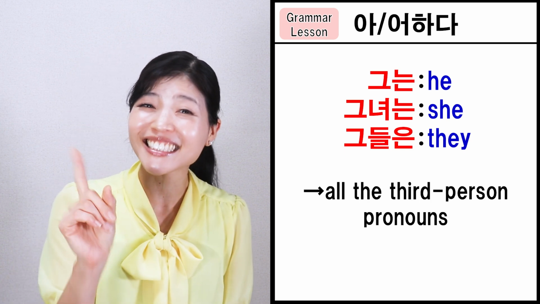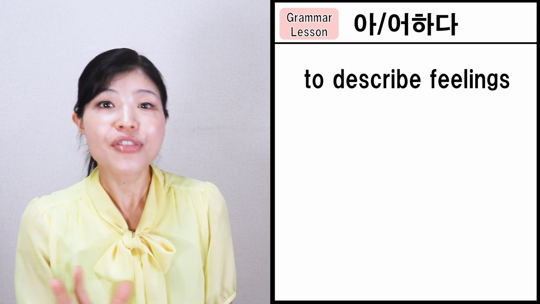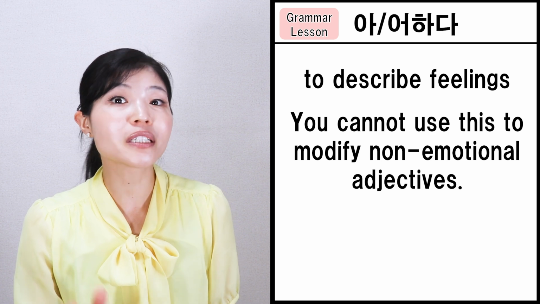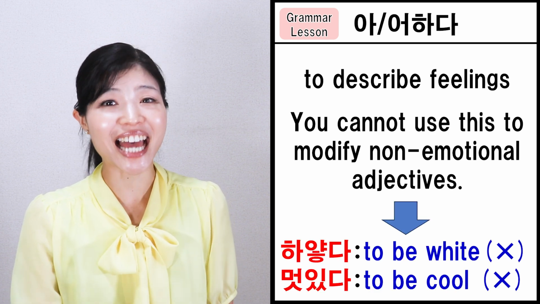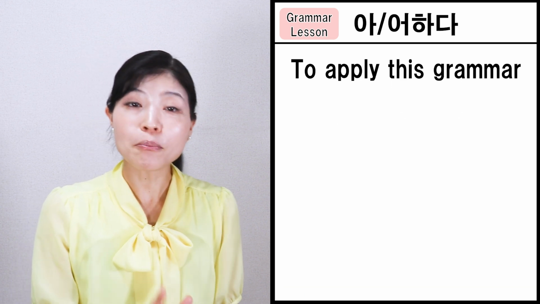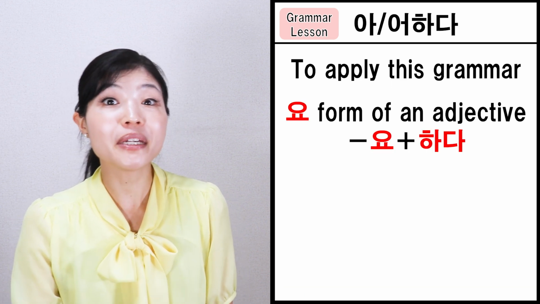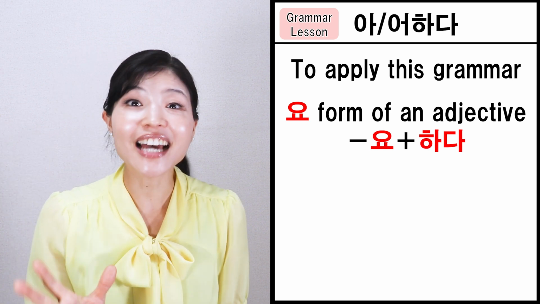Do you get it? Also, you use this grammar to describe feelings. Therefore, you cannot use this to modify non-emotional adjectives such as 하얗다, to be white, or 멋있다, to be cool. To apply this grammar, you make the yo form of an adjective, omit yo from it, and add 하다 instead.